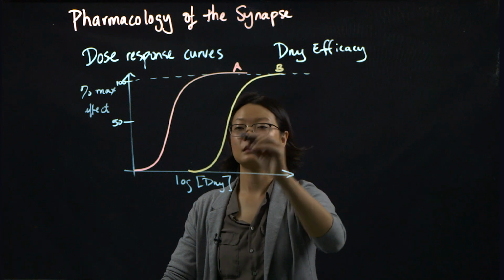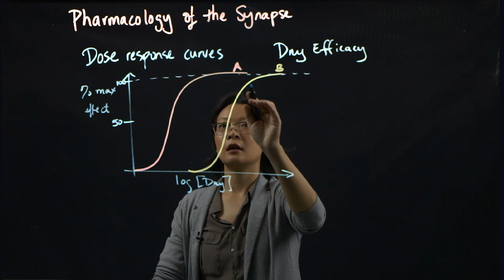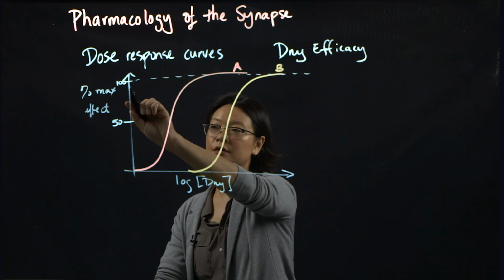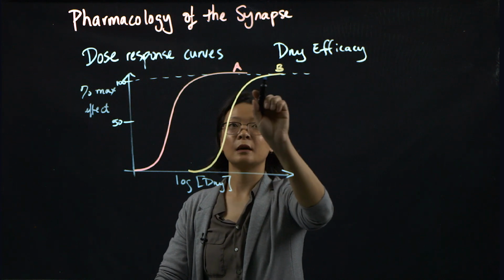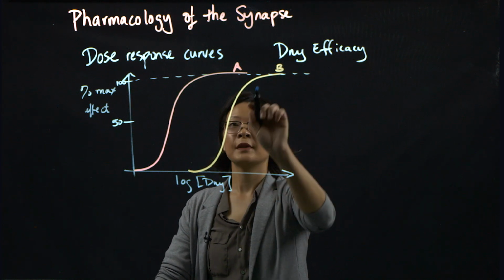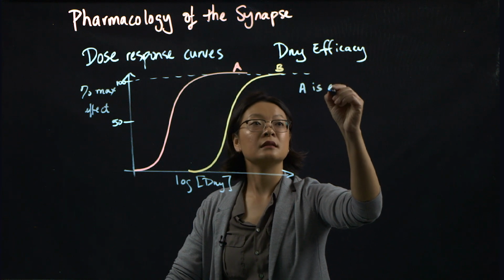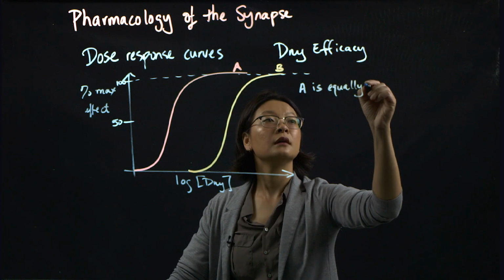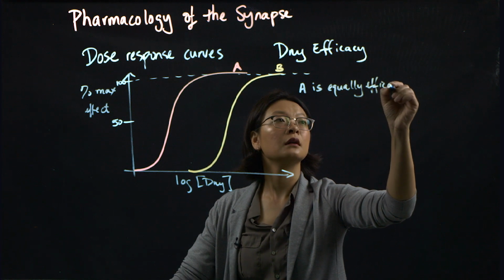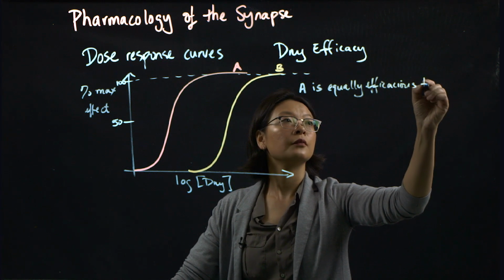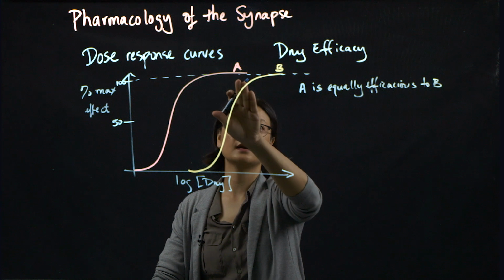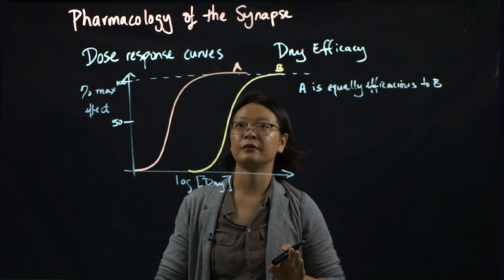So in this case, both drug A and B produce 100%, or they come to an asymptote of 100, drug efficacy. So the concept here is that drug A and drug B have equal efficacy.